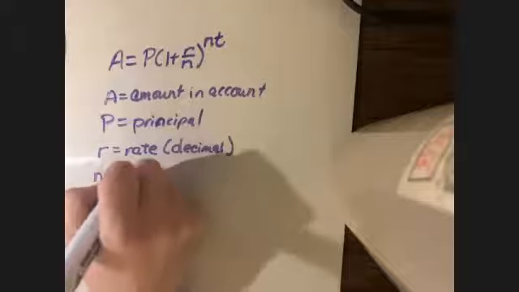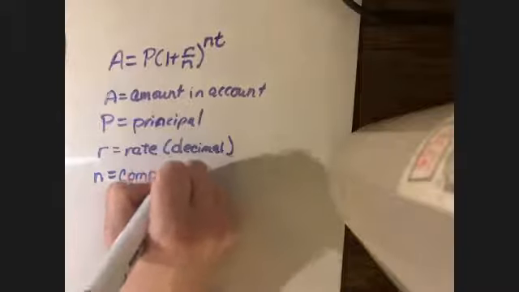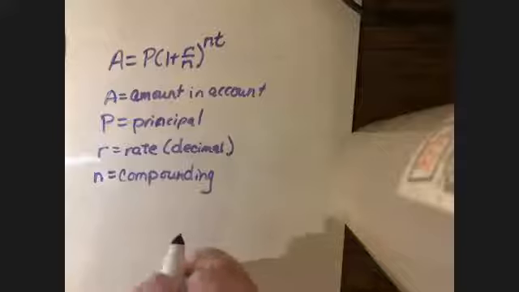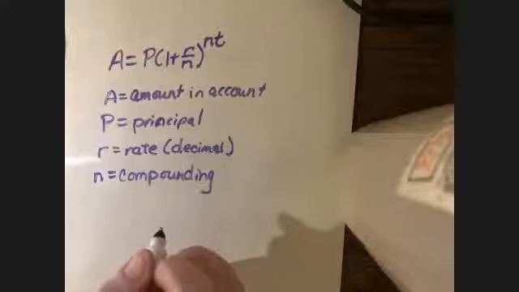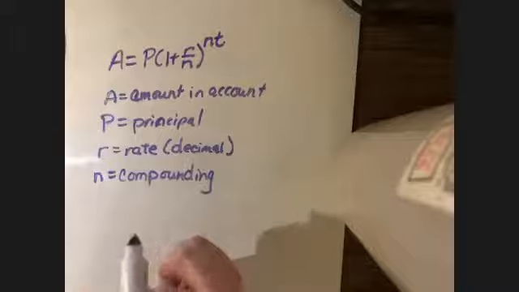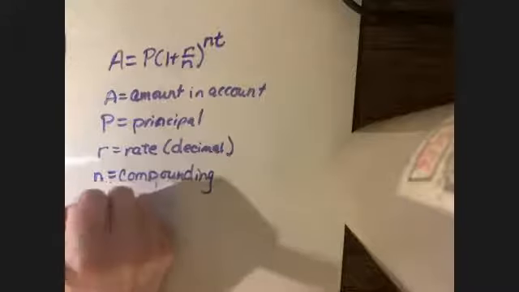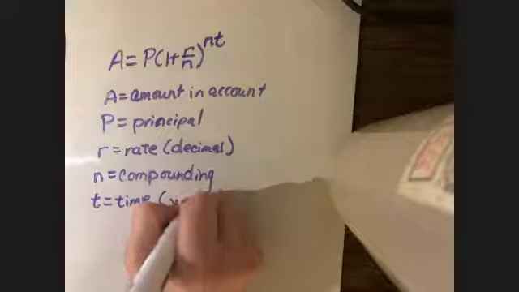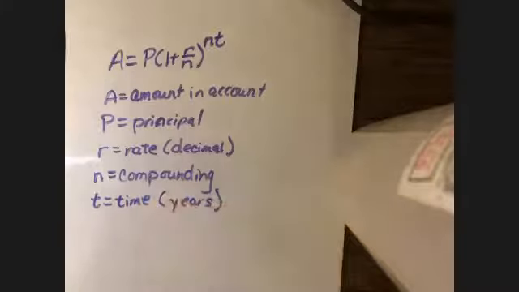N is the compoundings. This is how often you are getting your interest. Some accounts only do once a year, some accounts do it twice. It could be 4 times a year, things like that. And then T is time, and this is usually in years. If they don't talk about it in years, you probably need to get it in years.